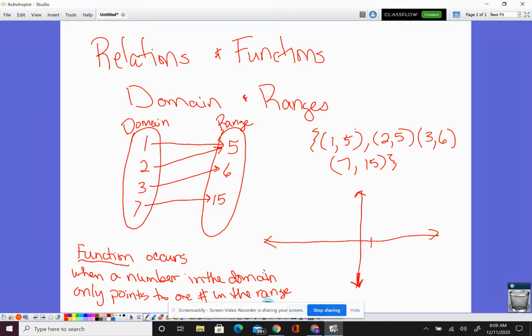So when I plot these points, 1, 5, 2, 6, 2, 5, gotta erase that one, 3, 6, and 7, 15.